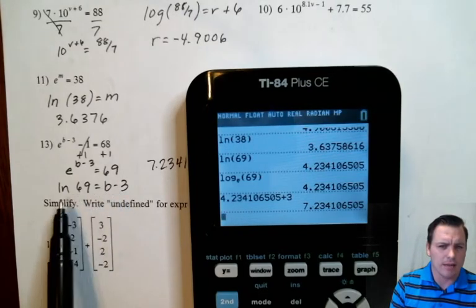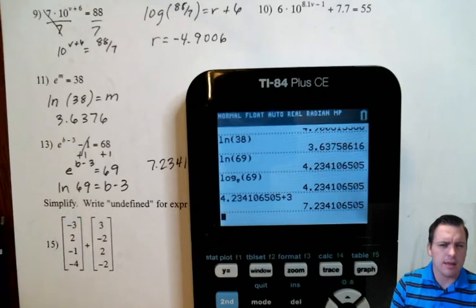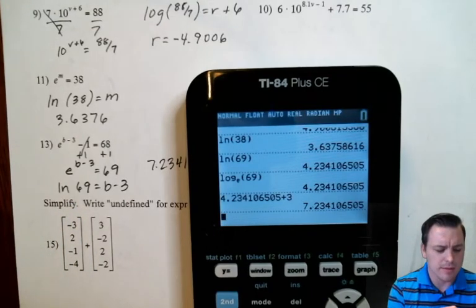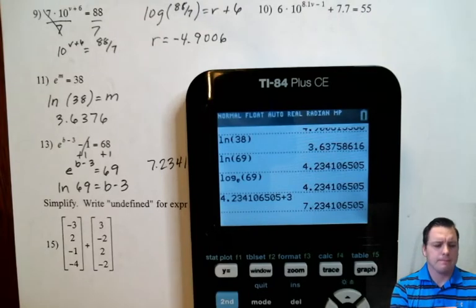That's why I'm adding 3 to that left side, that 4.2 number. Does that make sense, Elena? Okay, yeah, cool. Give me a thumbs up if you're good with 6.3 logarithms.